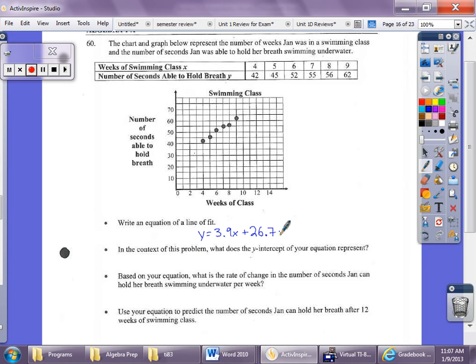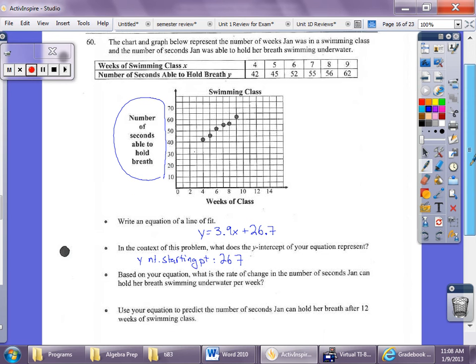The next one: in the context of this problem, what does the y-intercept of your equation represent? Well, we know that the y-intercept is always the starting point. In this case, the y-intercept is 26.7. So in the context of this problem, y is the number of seconds we're able to hold our breath.